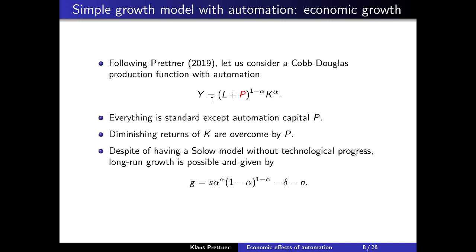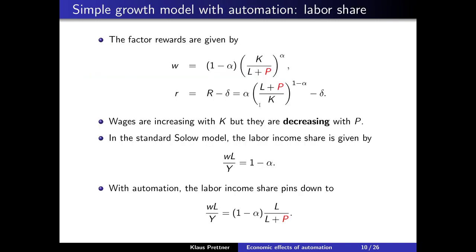So the derivative of the production function with respect to the number of workers is the wage rate, and the derivative of the production function with respect to physical capital is the marginal product of physical capital. If we subtract the rate of depreciation, we get the interest rate. And the remuneration of robots is basically also the wage rate because they are perfect substitutes. So we can derive the wage rate and the interest rate.